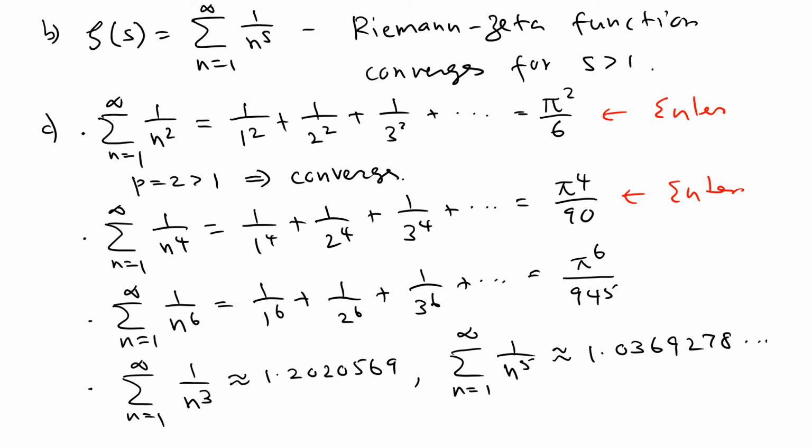Let's look at just 3 more interesting ones. How about sigma n going from 1 to infinity, 1 over n to the pi over e. In this case you can see that p equals pi over e.